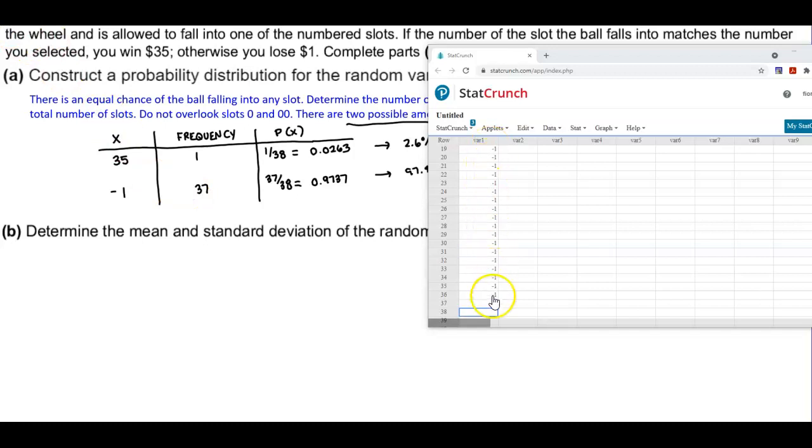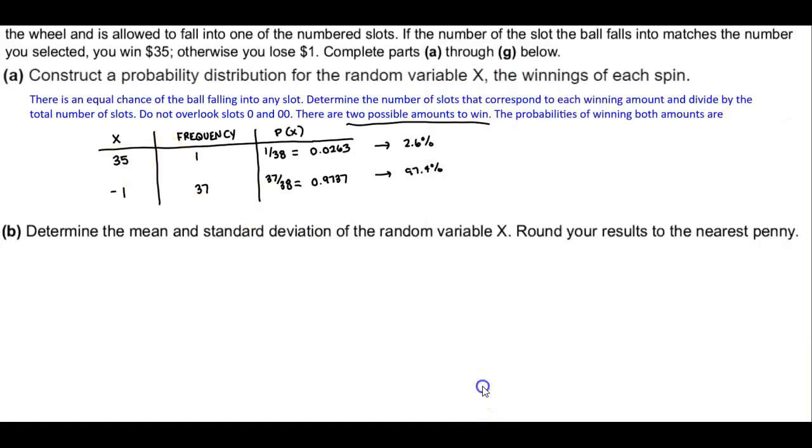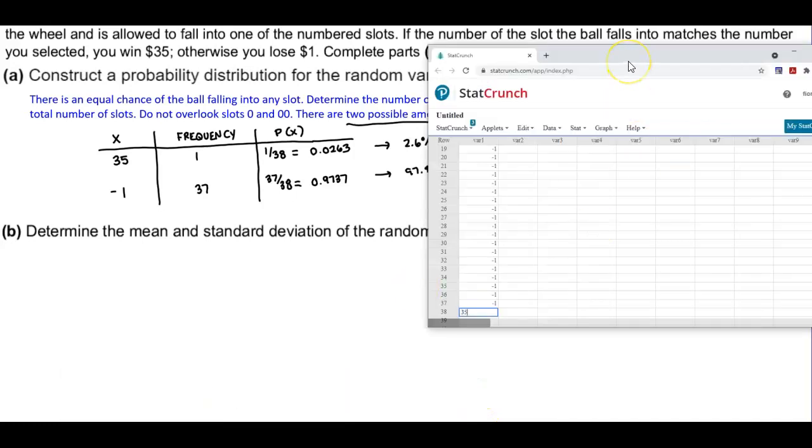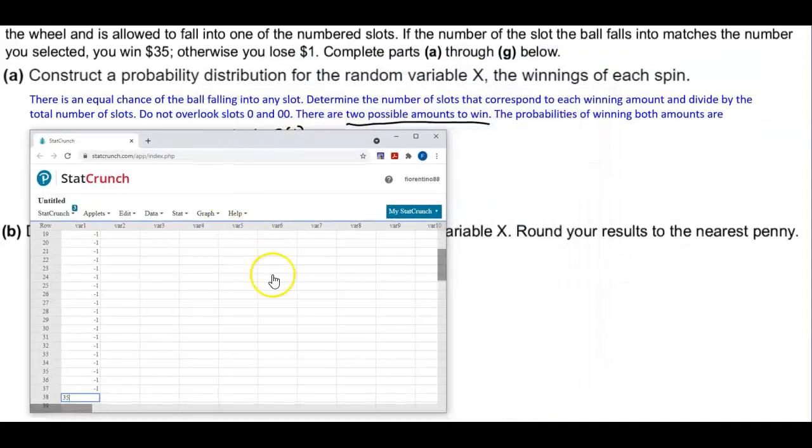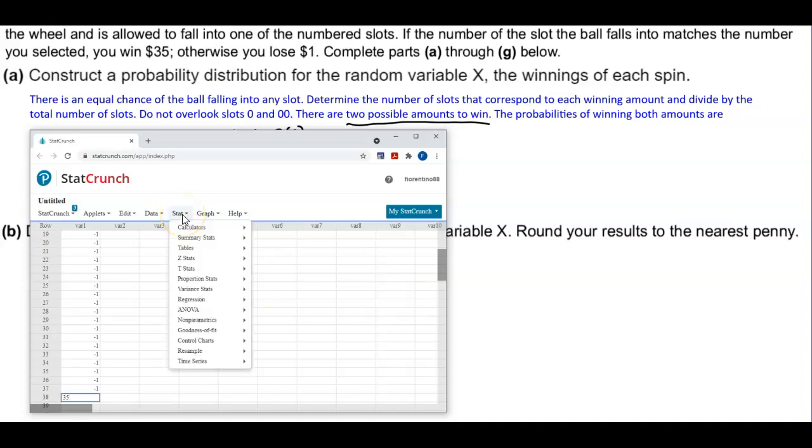Okay, so what I've done is I put -1 in here 37 times, and then the 38th possibility is going to be 35. Now that we've done that, we want to determine the standard deviation and the mean. So we're going to go to Stat, Summary Stats, and select Column.